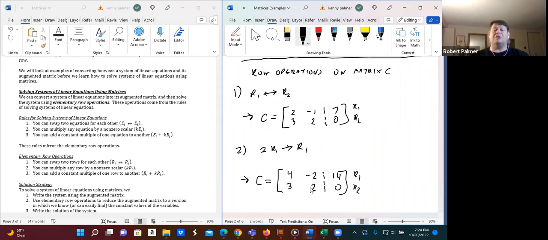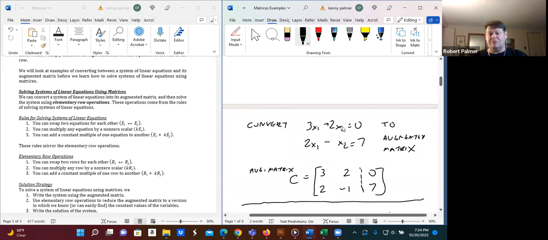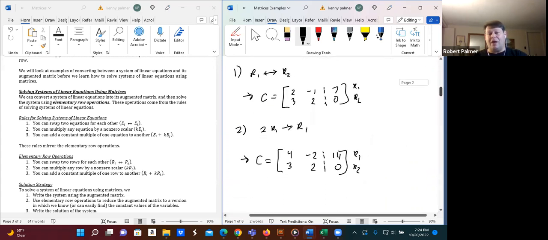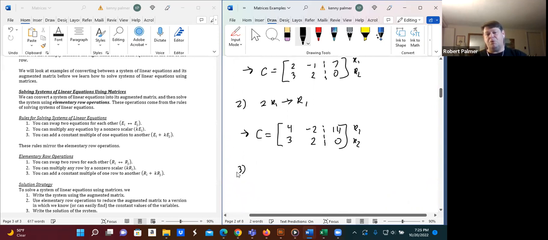As we'll see when solving equations using this, that doesn't change anything. Whatever solution I had for this system of equations is the same solution I have for this augmented matrix. As long as I do these row operations correctly, I will always have the same solution. Nothing will change. Okay, number 3, let's do this.